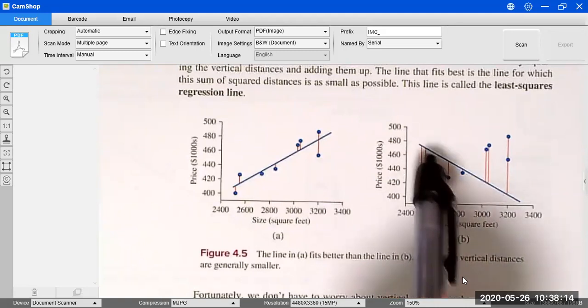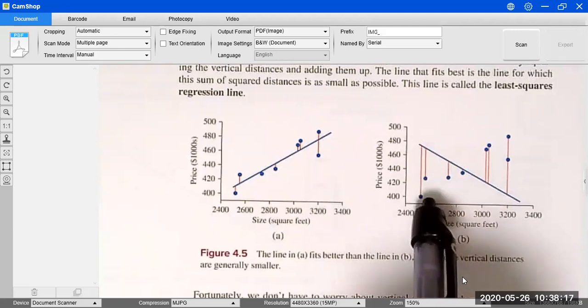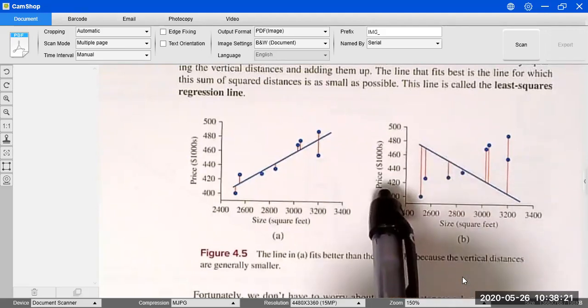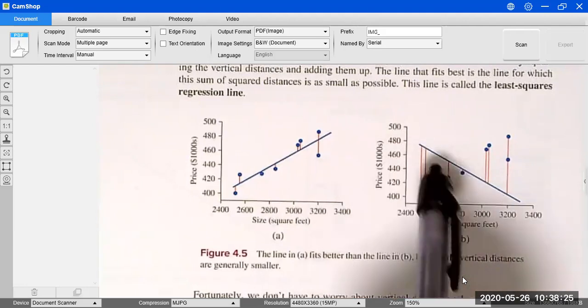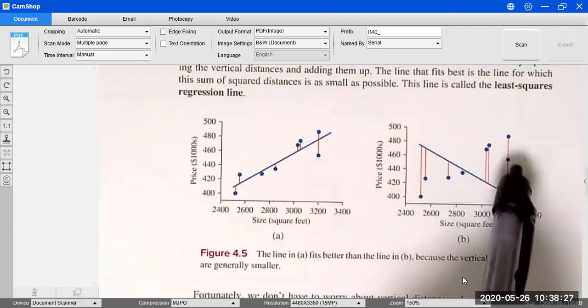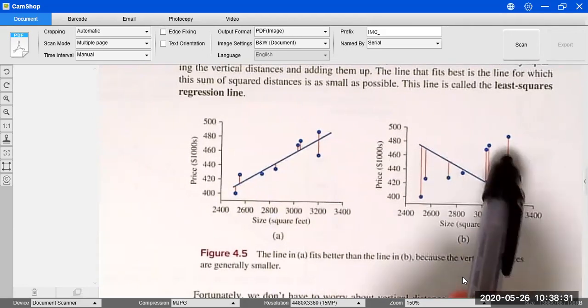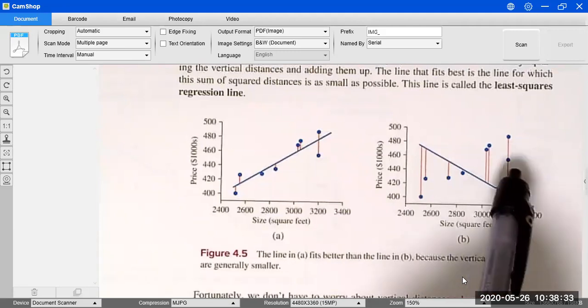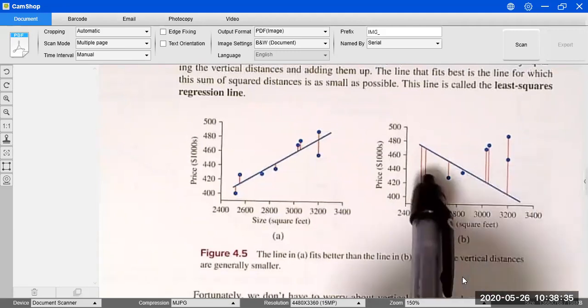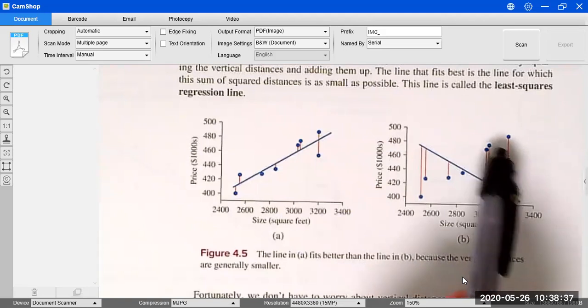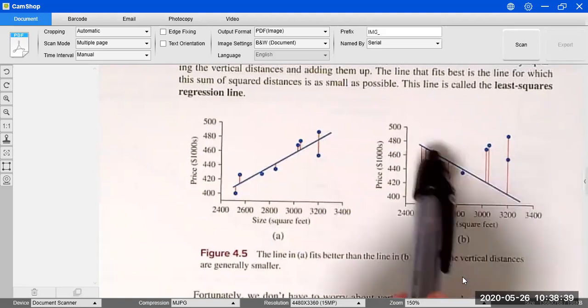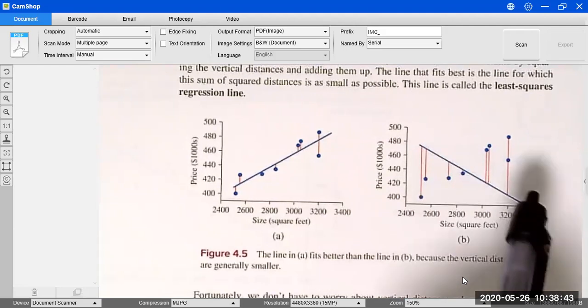The y-axis is for prices, so any vertical difference is a difference in price. This line is getting a lot of discrepancies between the prices observed in the real estate market and the prices the line suggests. So this line is not worth it.